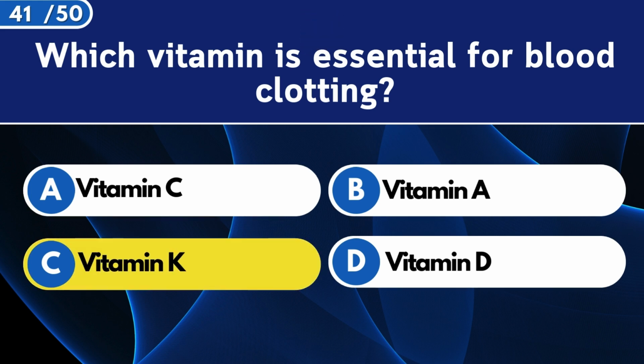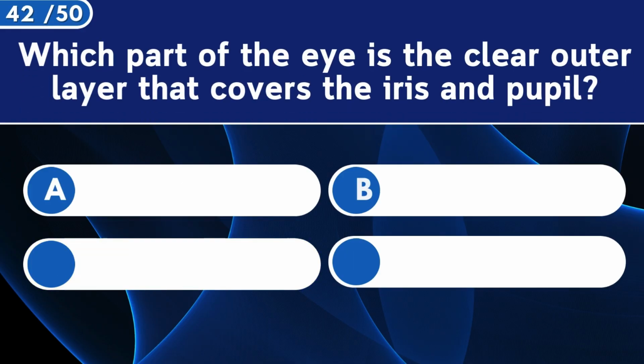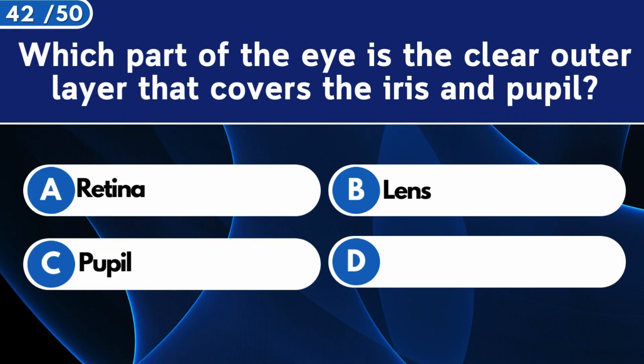Vitamin K. Which part of the eye is the clear outer layer that covers the iris and pupil? Cornea.